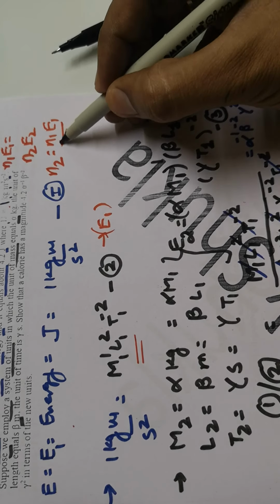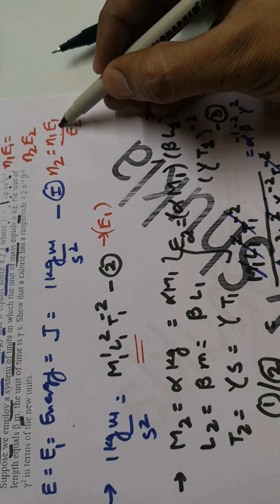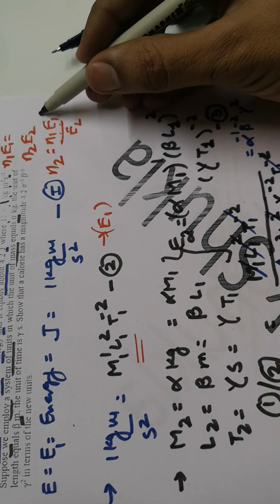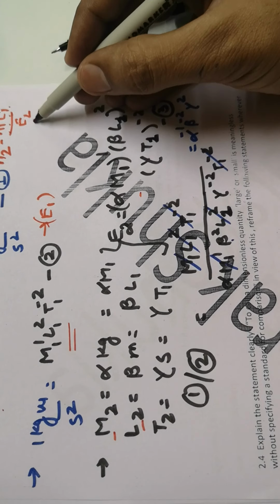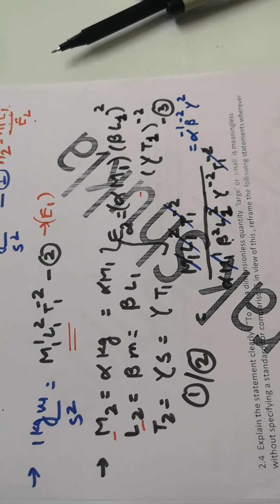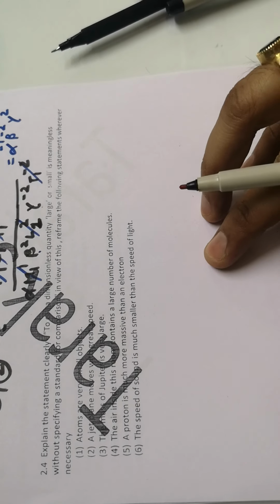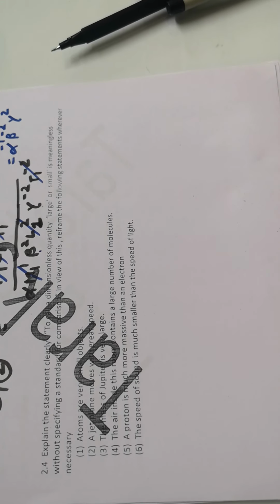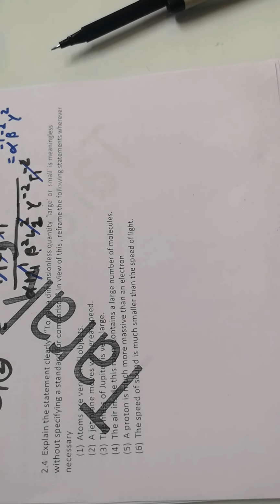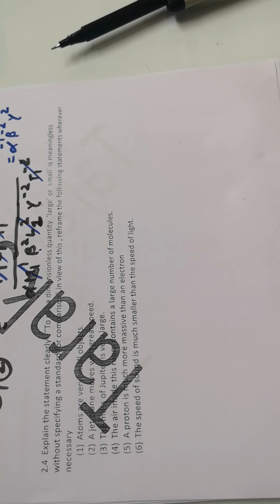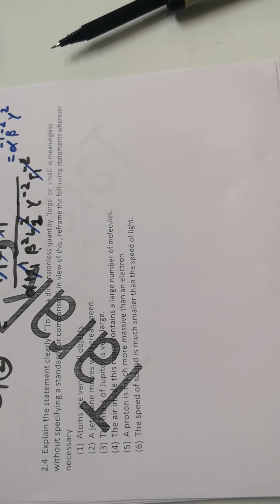So you can place 1, M1, L1 raised to 2 and T1 raised to minus 2, and these are all the values of e2. You can place them over here, so you can also get the same answer. These are very simple methods in front of you, but this is how you have to learn. As of now, these are very initial methods, that is why you are not quite comfortable with them. But gradually, as time passes, you will become habituated to such methods.